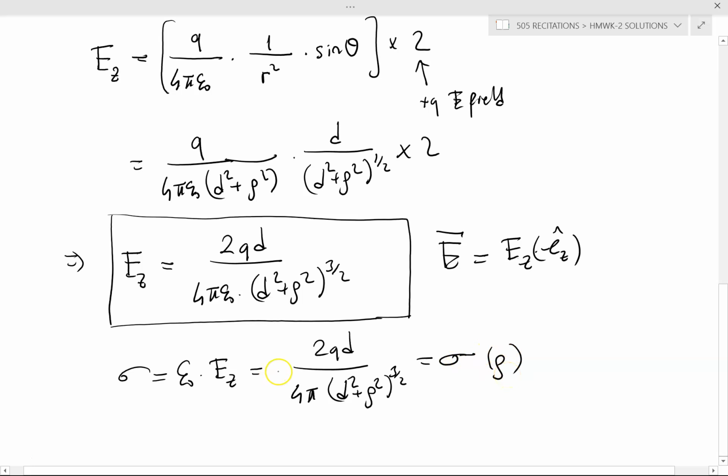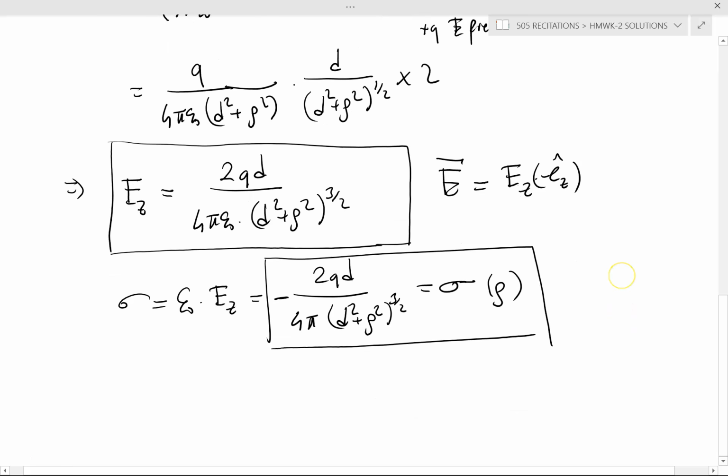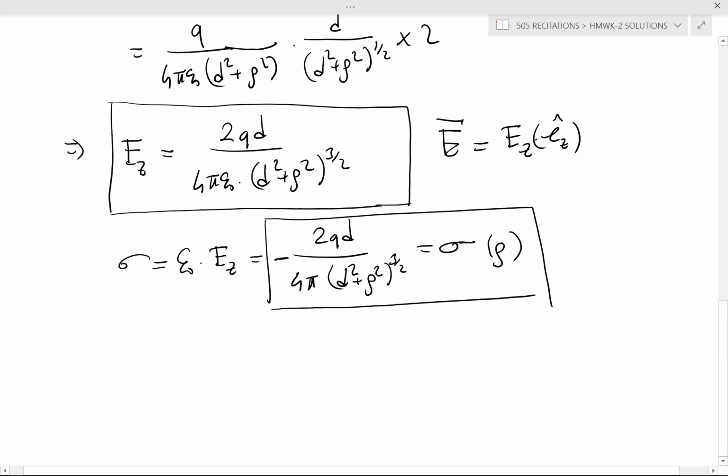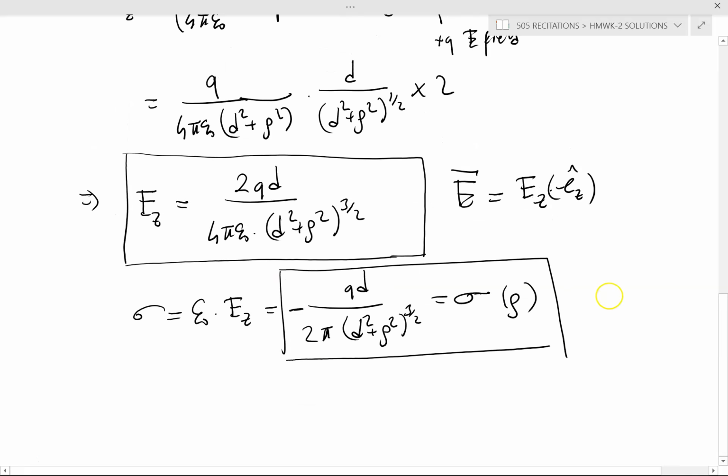Of course, there needs to be a minus sign over here, because the induced charge density is negative. Okay, nice. We can in fact cancel it further and write it down in this form. Nice.